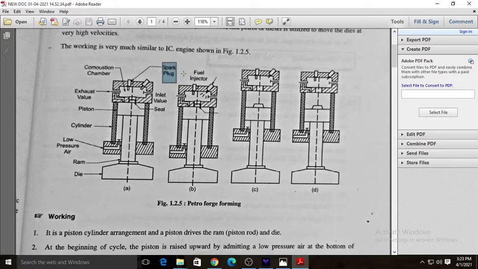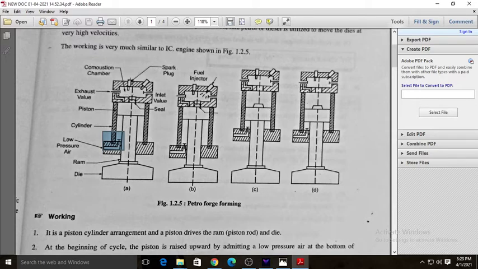You are all very familiar with the working of an IC engine. In an IC engine, the combustion chamber holds the air plus fuel mixture, which is compressed by the ram. Here for the compression we are using low pressure air. What is the function of this low pressure air? This low pressure air comes inside and pushes the ram to move in the upward direction, and it compresses the charge.